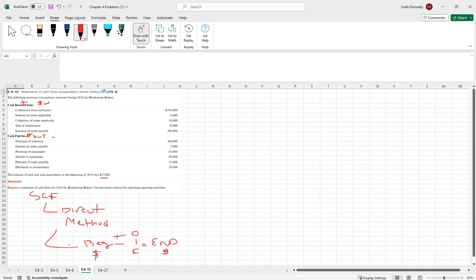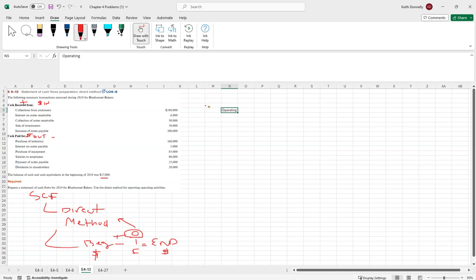But in the base formula, the beginning plus additions minus subtractions get you the ending. For the O, we're going to be using the direct method, just to keep it a little bit simple.